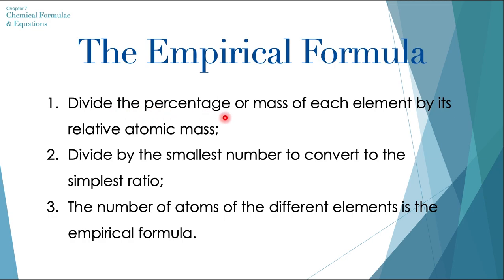Number 1, we divide the percentage or mass of each element by its relative atomic mass. Number 2, we divide by the smallest number to convert to the simplest ratio. And number 3, the number of atoms of the different elements that we get after dividing by the smallest number is the empirical formula.